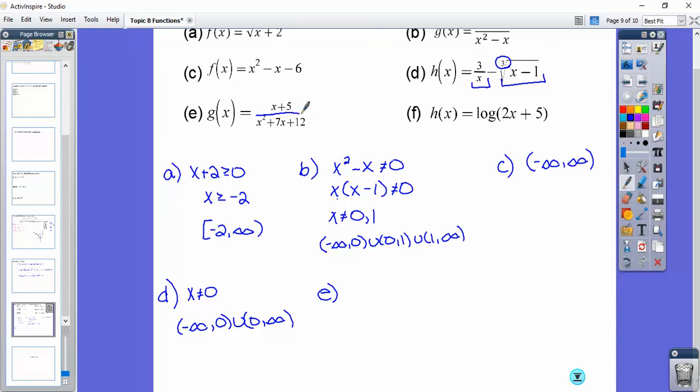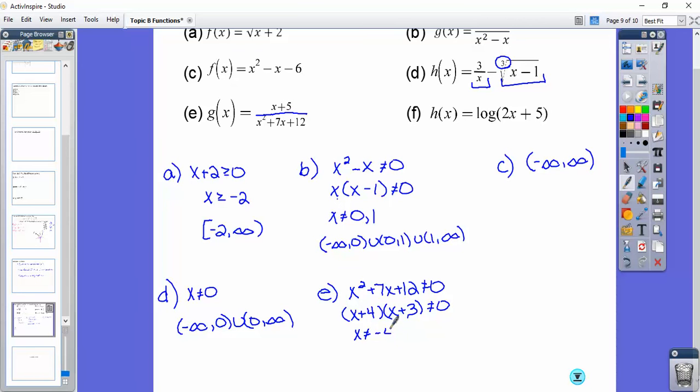E. It's supposed to be a fraction. So in a fraction, the denominator can't be 0. So we can do box method here. Multiply to 12 and add to 7, that would be a 4 and a 3.